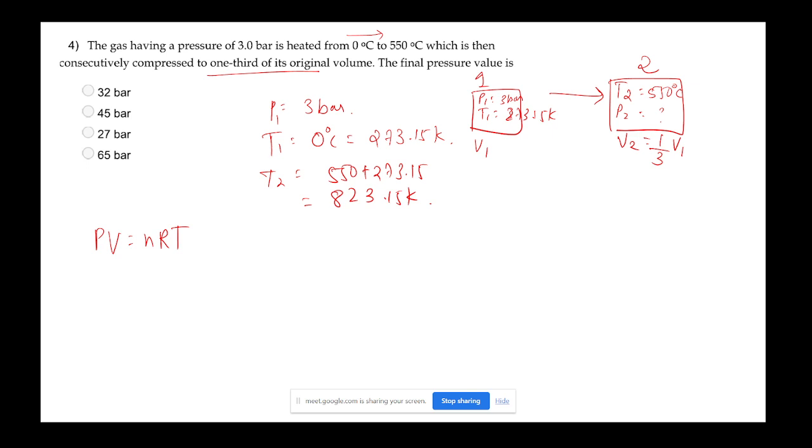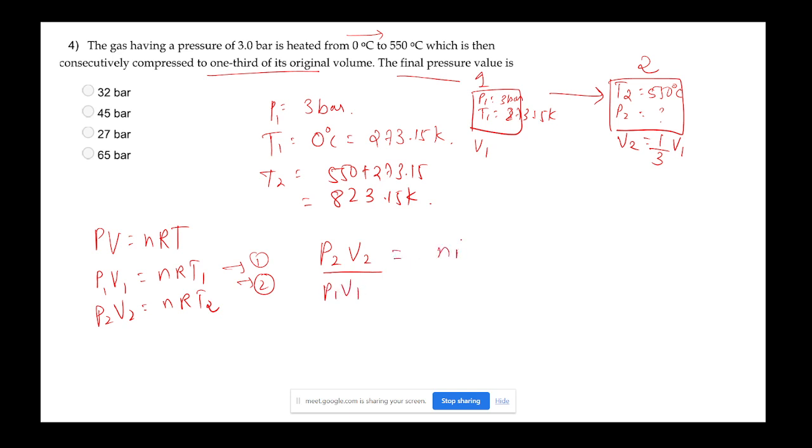So you can write for state 1 as P1 V1 equals nRT1, and for state 2, P2 V2 equals nRT2. Now you want to find P2, the final pressure. If we take the ratio of equations 1 and 2, P2 V2 by P1 V1 equals nRT2 by nRT1. Now nR gets cancelled out, since they are constant for this case.